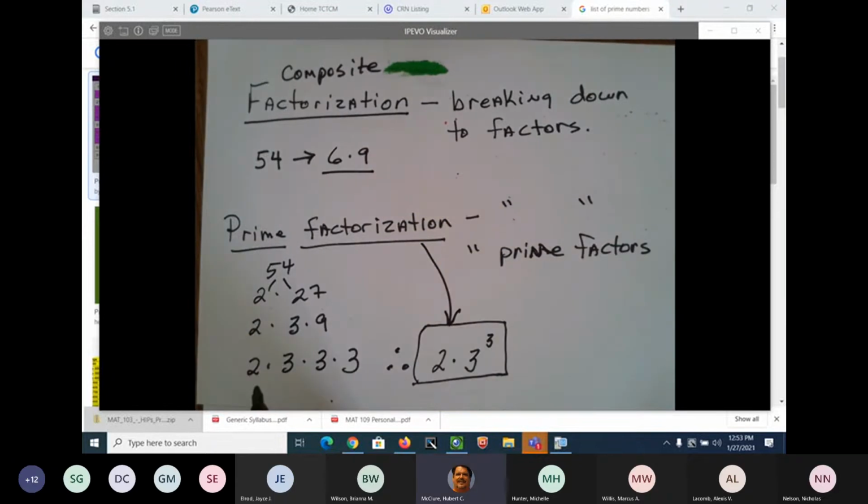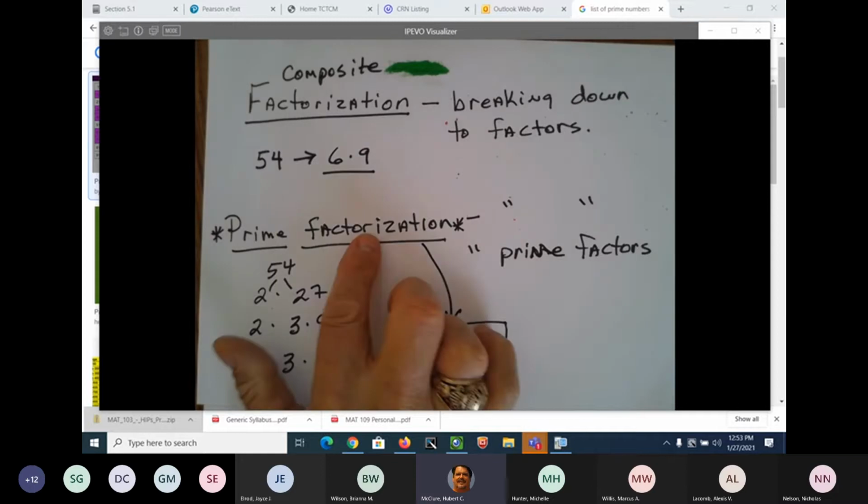And that's what we're going to focus on in 5.1. We're going to focus on prime factorization. So from here on out, I don't want anybody to mention a composite number unless they're writing it down as part of prime factorization.